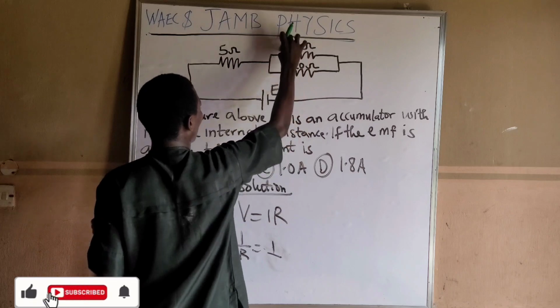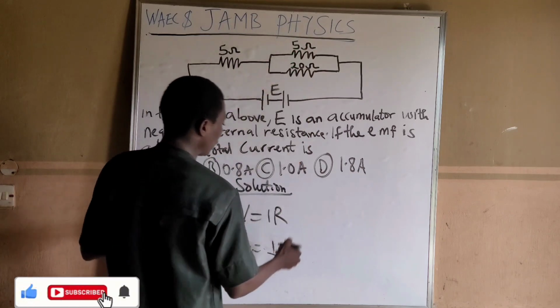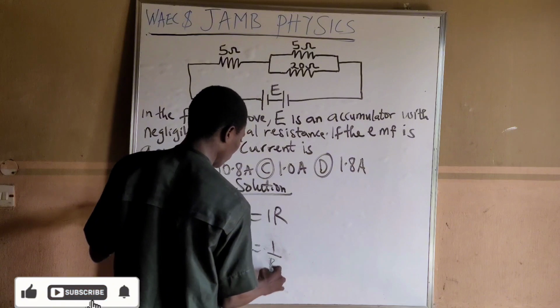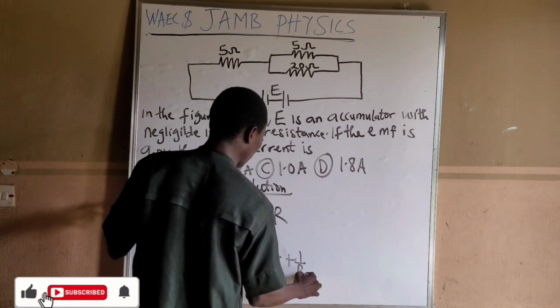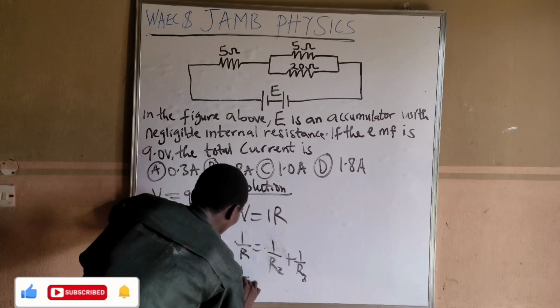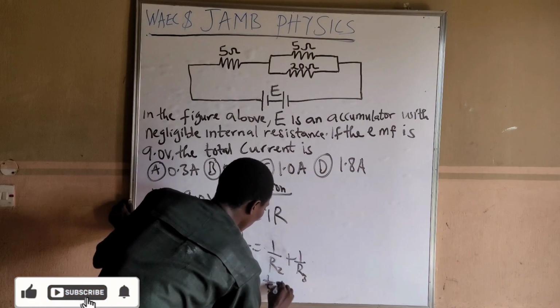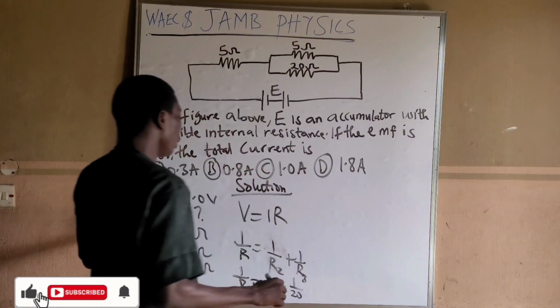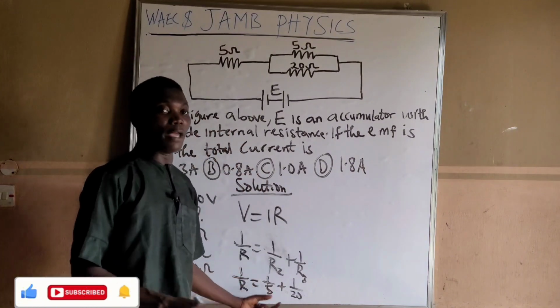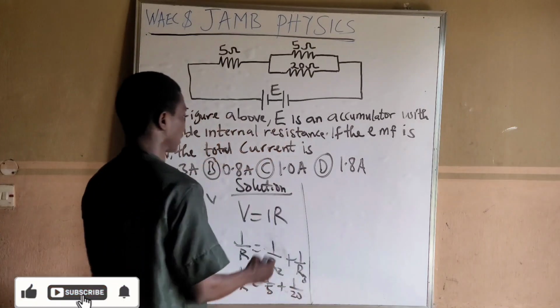So we are converting R2 and R3, which are in parallel. That gives us 1 over R equals 1 over 5, that is R2, plus 1 over R3, which is 20. I'll also show you the easy way you can do this without stressing yourself by writing out all this step by step.